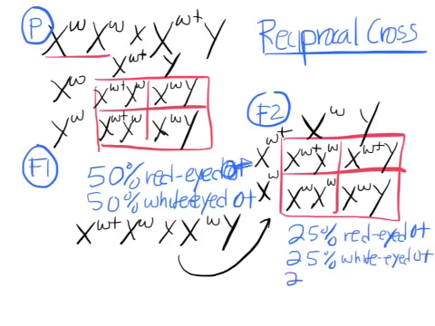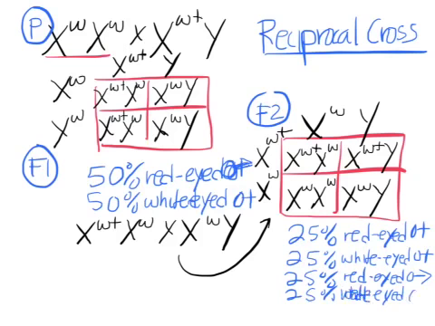And then 25% are going to be red-eyed males, and 25% are going to be white-eyed males. Totally different from the reciprocal cross.